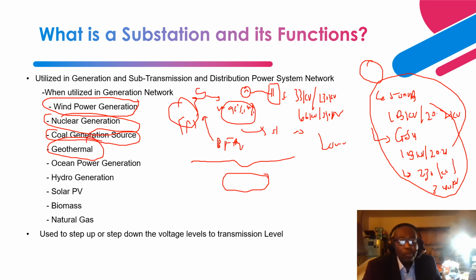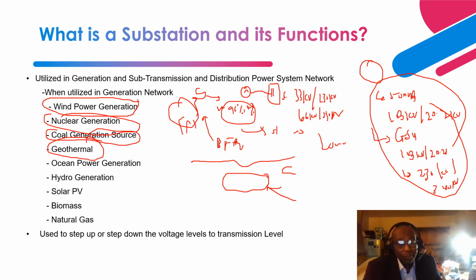So what the geothermal power plant is doing is leveraging the amount of heat that is beneath the earth's surface, right? That heat heats a boiler, just like you have for a coal generation source or nuclear generation source, right? For a nuclear generation source, you have heat created from the nuclear fission process, and that heat is transferred to the cooling water that is flowing through the reactor, right?